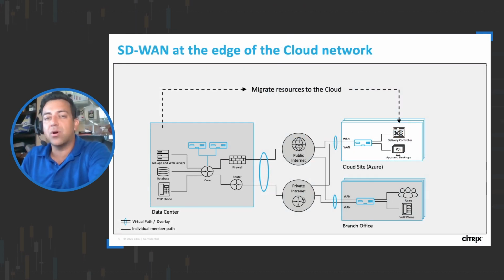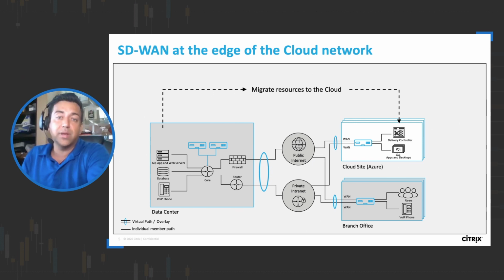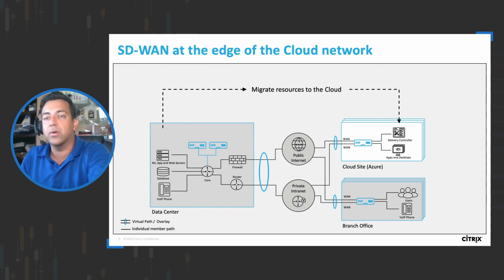So as resources are migrated from the data center on the left to cloud on the right, enabling reliable connectivity to those resources from any on-prem site locations can be accomplished by provisioning an SD-WAN device at the edge of the on-premise site and at the edge of the cloud network. You'll get all the benefits of an SD-WAN overlay leveraging different types of WAN transports available at the on-premise locations.